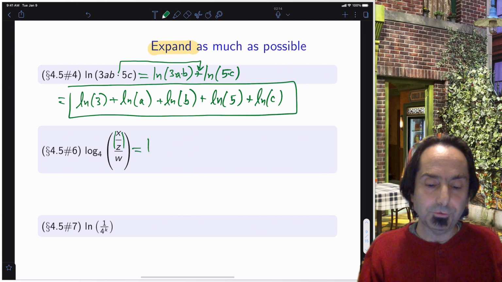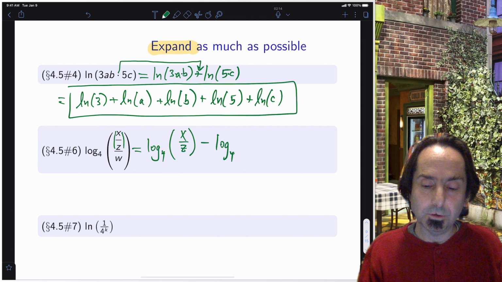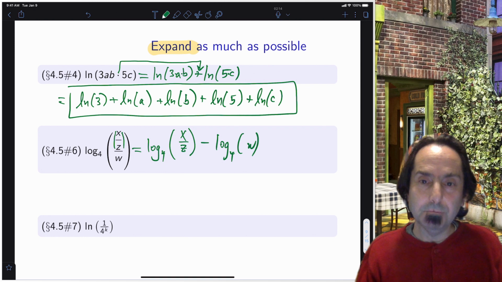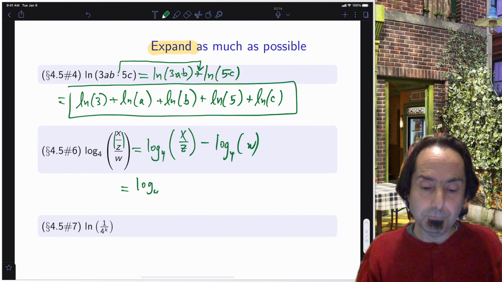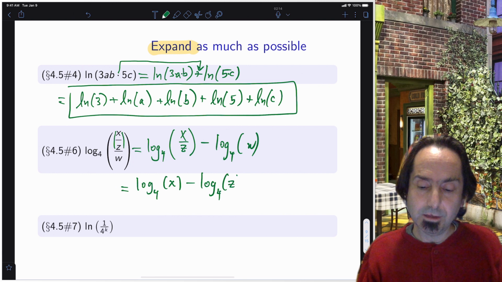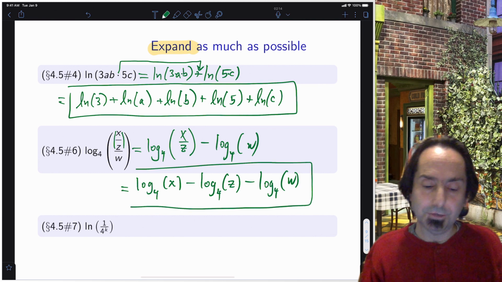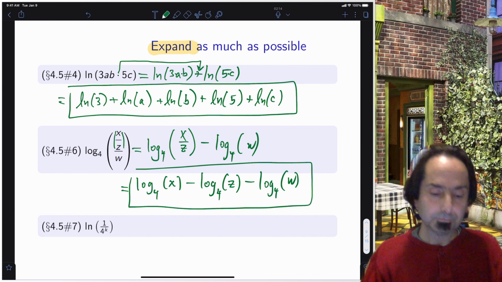And here's a quotient, so we can change this to log base 4 of x over z minus log base 4 of w. But there's still another division, so this is log base 4 of x minus log base 4 of z minus log base 4 of w. And that is expanded as much as possible.